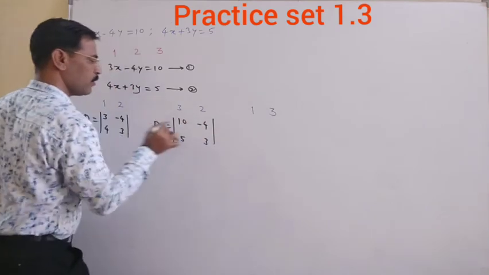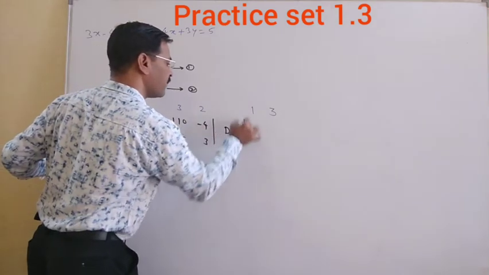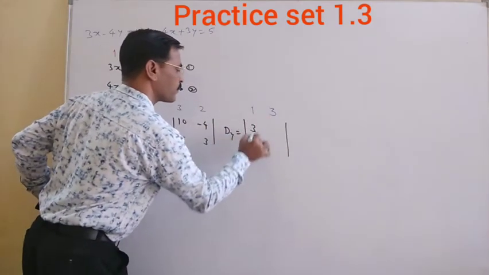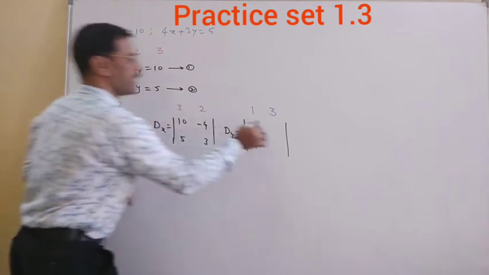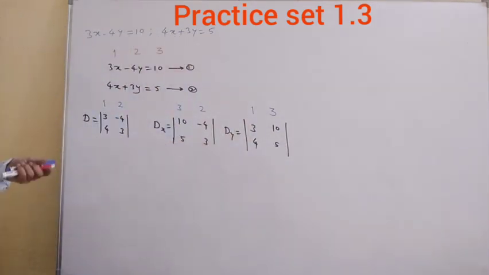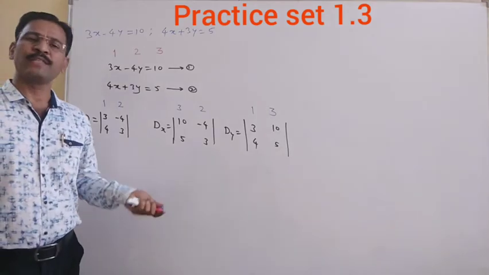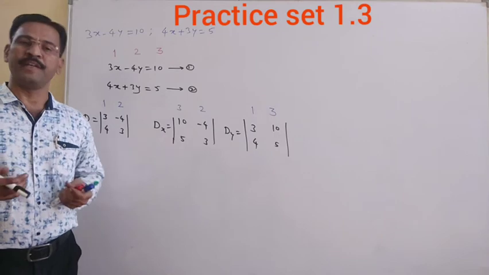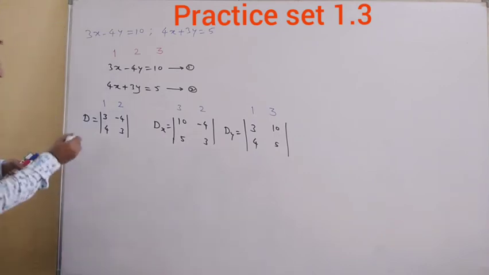Now the last one, Dy: first column means 3, 4, and third column means 10, 5. This is the procedure. Once you write all this, the next part is very simple, as we saw previously, how to find the values of determinants. So look here, how can you write here?